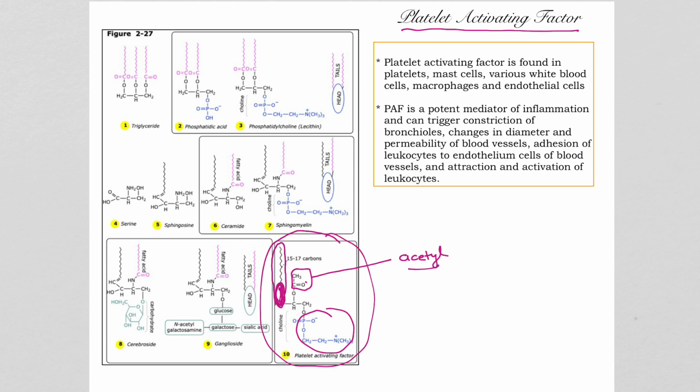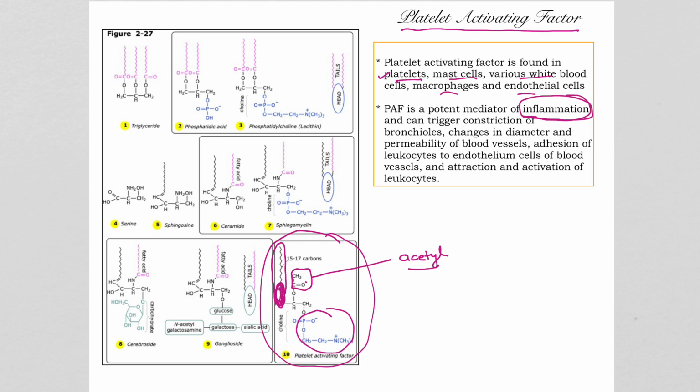So this platelet activating factor is found in many different cells: platelets, mast cells, all kinds of white blood cells, macrophages, even the endothelial cells lining the blood vessels. And it plays a very, very important role in the process of inflammation.